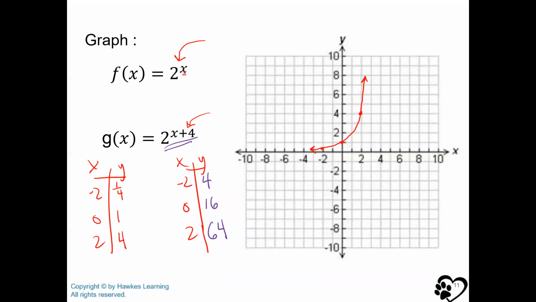All right, so let's see what this one looks like. We would go left 2, up 4. And then we have 0, 16 way up here, and then way up there. So basically, we're going to have the same type design, right? But it's been shifted up 4 units. You see that? No more than 4 because we went from 0, 1 to 0, 16.